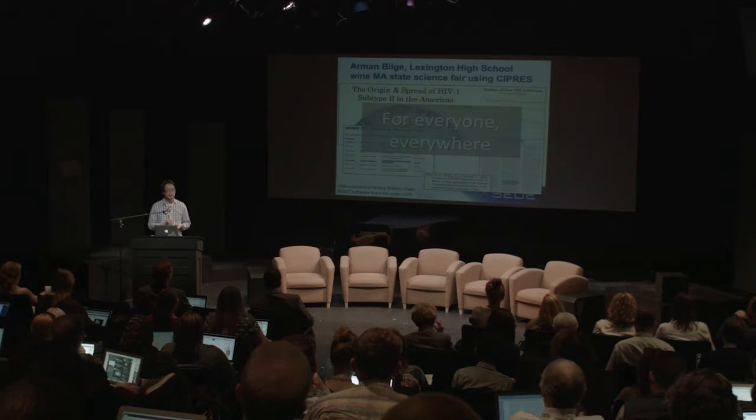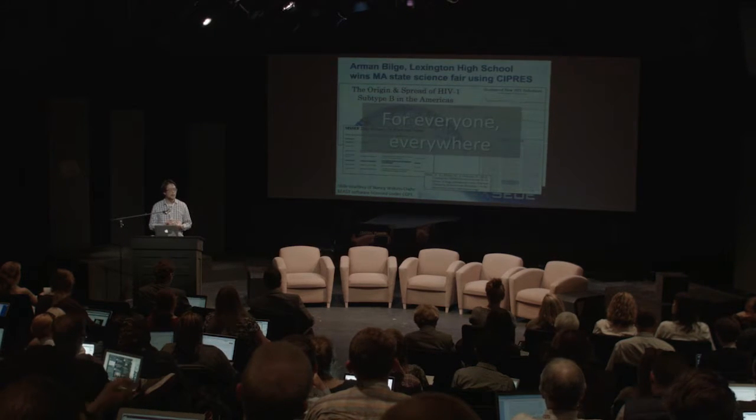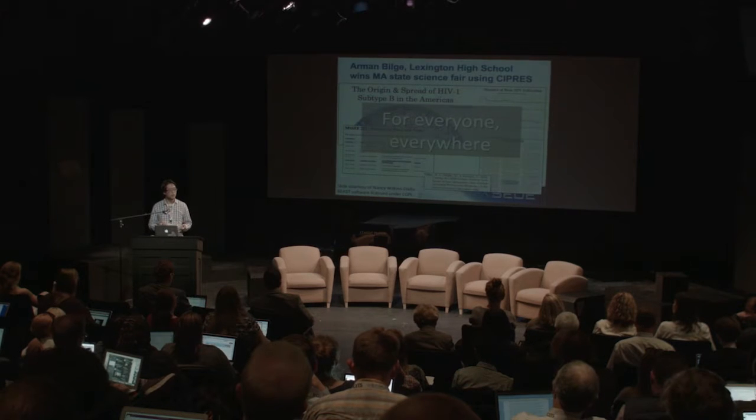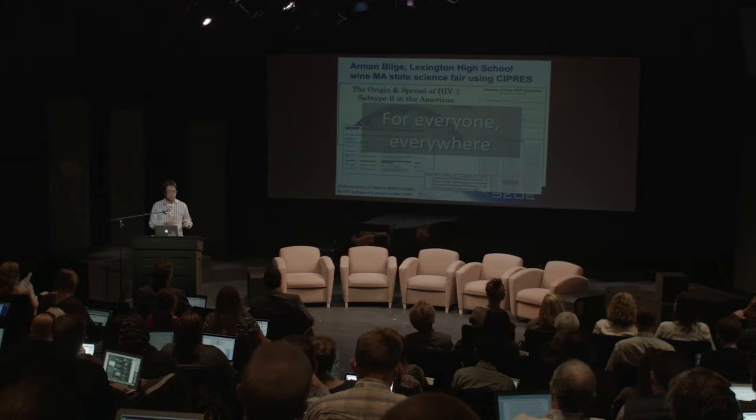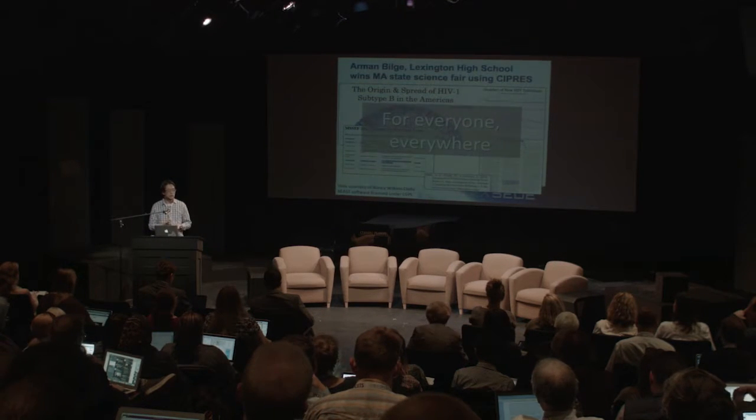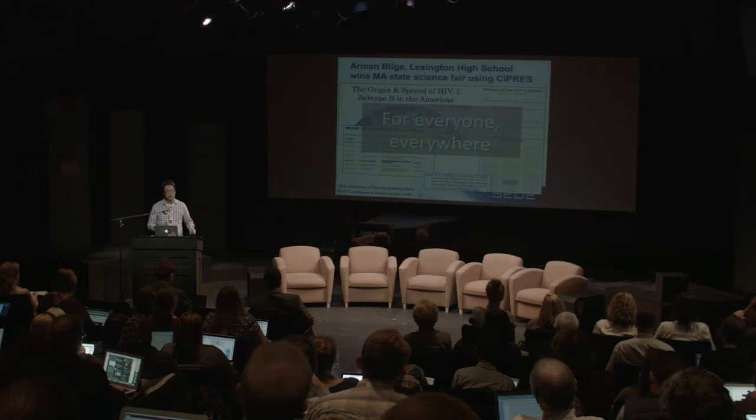And so you might get the case like we have here, an example of the use of a science gateway in the US, where someone from a high school has taken all of these different resources and created their own hypothesis, their own question, studying the spread of HIV. And the first time that any of these people knew that this work had been done was when the citation pops up in Google Scholar.